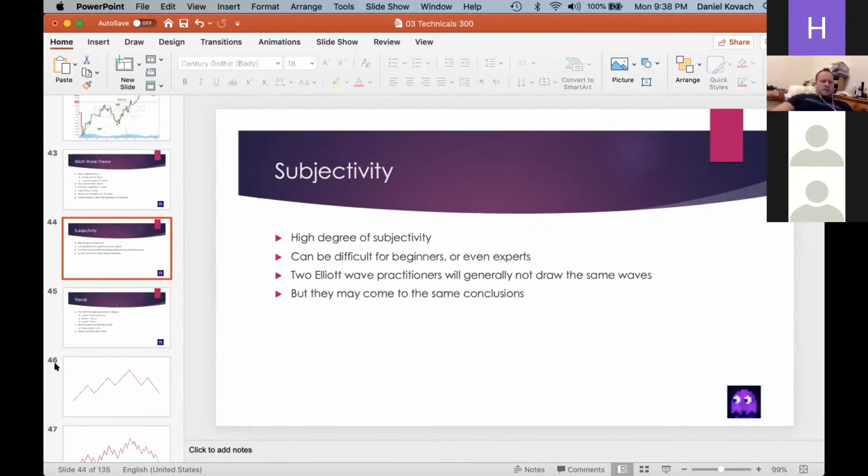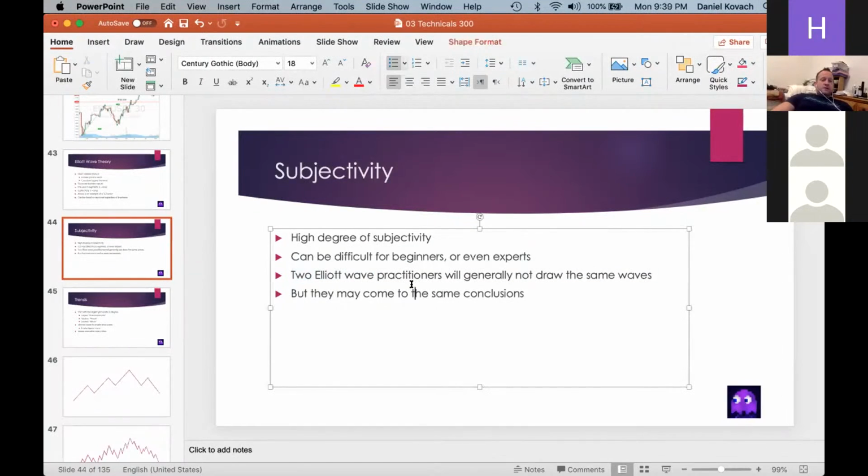So because of that degree of subjectivity, it can be difficult for beginners or even experts. And this is important to understand: two Elliott wave practitioners will generally not draw the same waves, but hopefully they come to the same conclusions.